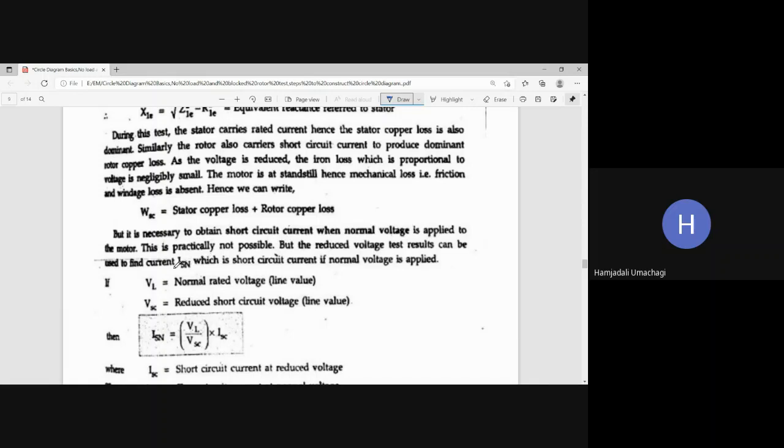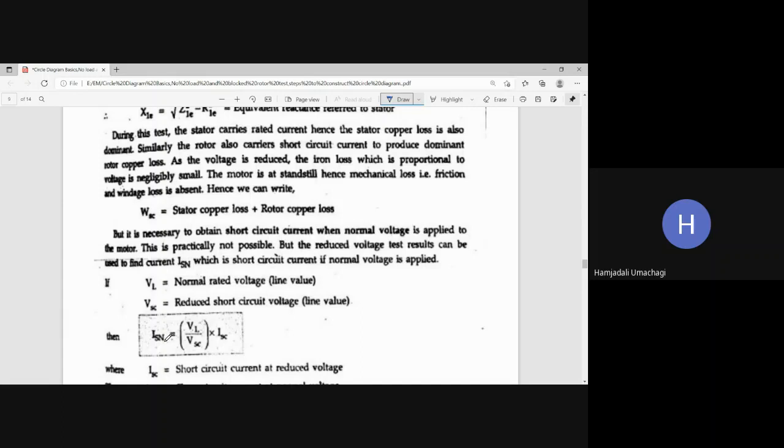Now let us see how the calculations can be done. If VL is the normal rated line voltage, then VSC is the reduced short circuit voltage, also a line value, which is the reading we get from the block rotor test. ISN is the short circuit current if we apply the normal rated voltage.